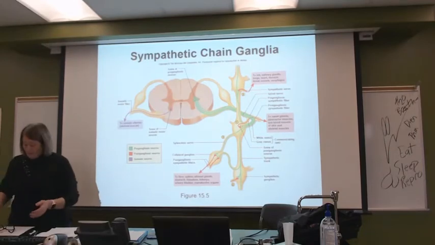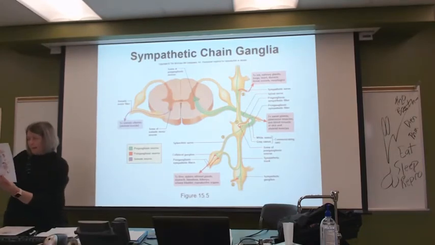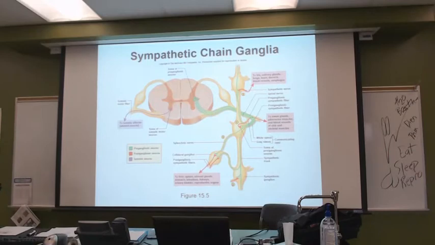So, note back on the picture here on the front. We noted just a few minutes ago that some of these fibers will come out and synapse directly in the chain, some will pass and go to one of these three ganglia and synapse, some will travel down the chain, synapse, and make their way, some will travel up the chain, synapse, and make their way.